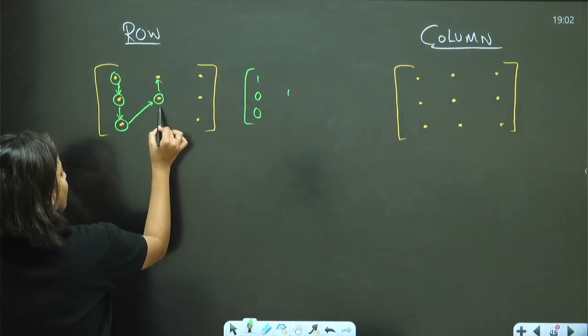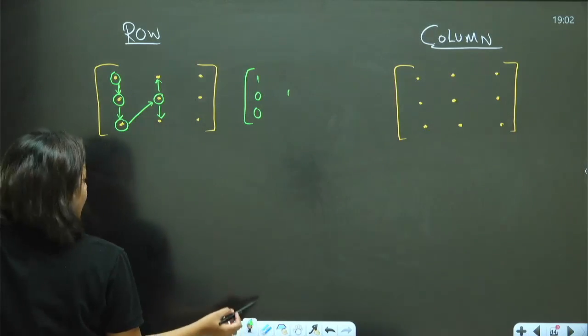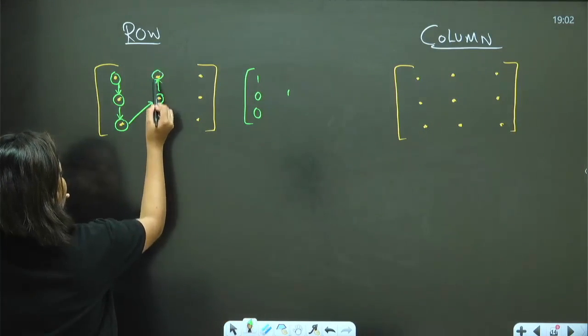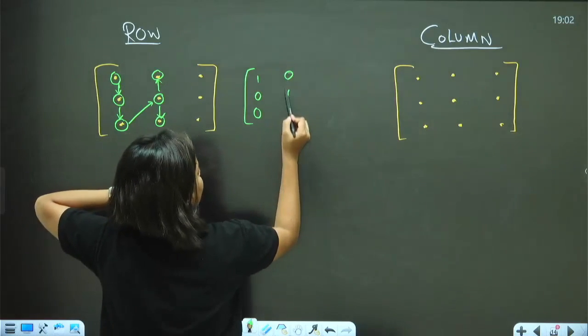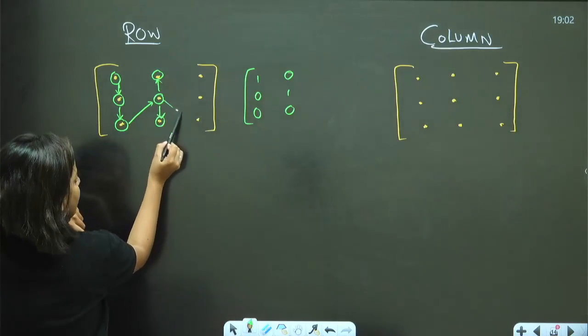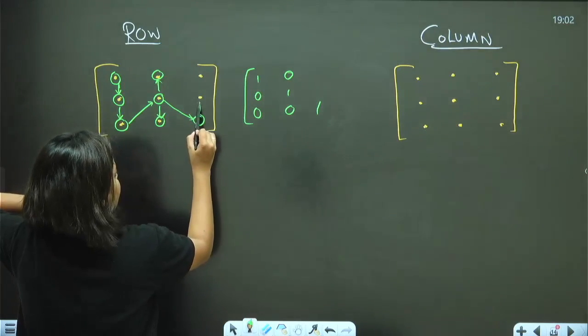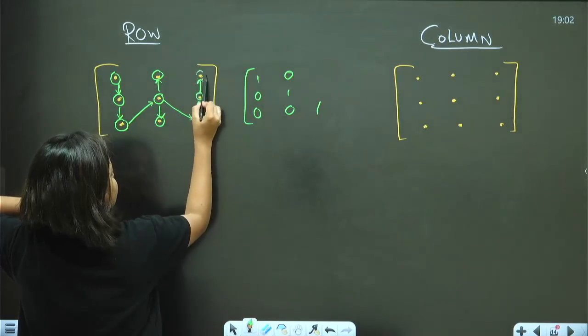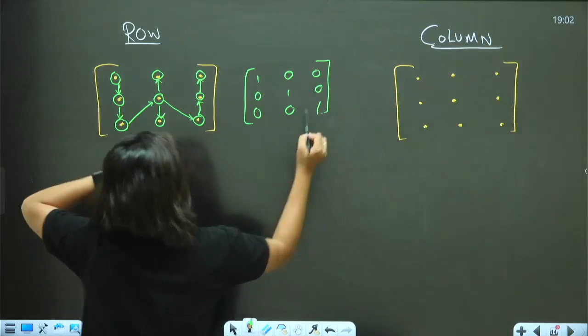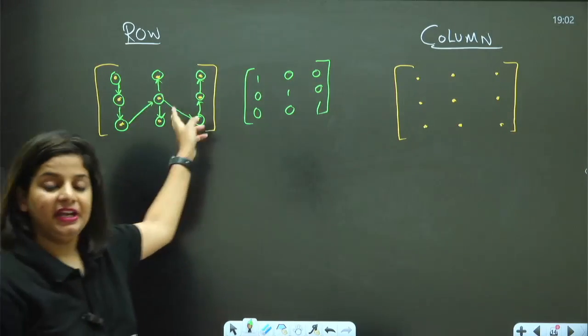Then up and down, we go and make them 0. After doing that, we come down here and make this element as 1. Then again, these two elements are made 0. That's how we convert any given matrix A into an identity matrix.